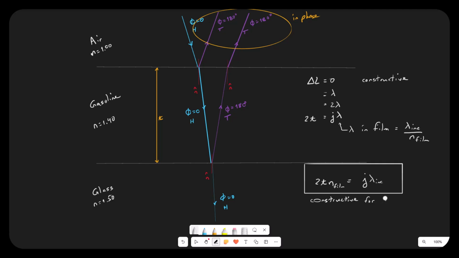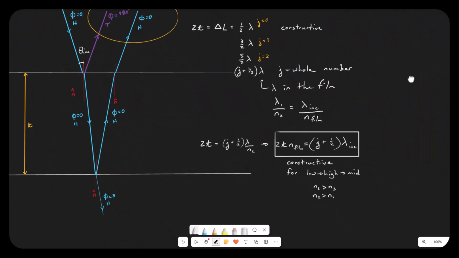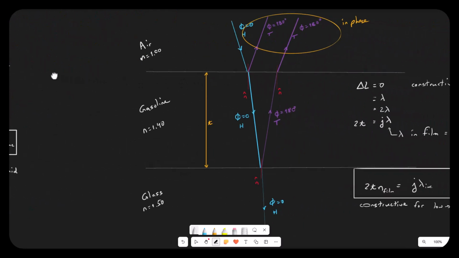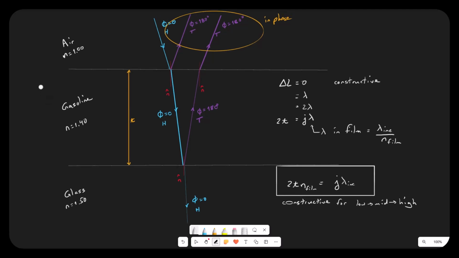For low to mid to high, meaning my film is the medium one. Back here, my film was the high one, the high index of refraction. This one I'm doing for my film being the medium index of refraction.